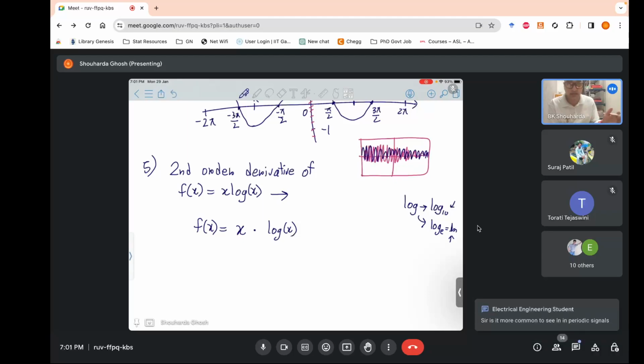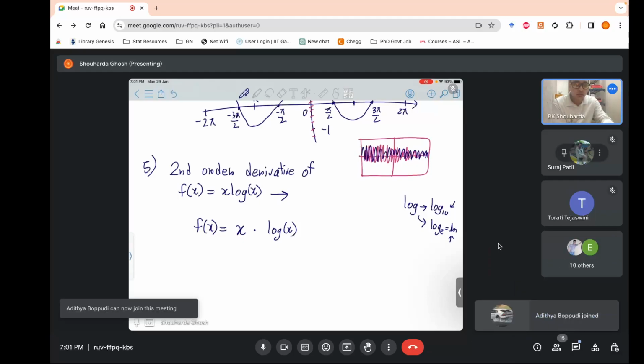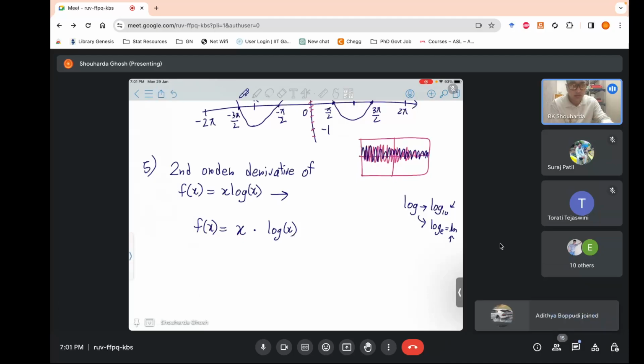When you're dealing with decimal voltage scale, it's more common to see log base 10. Dorothy, do you have any doubt? You raised your hand.